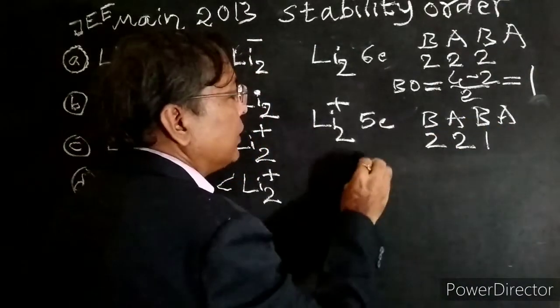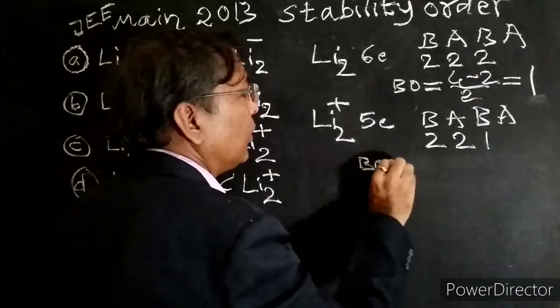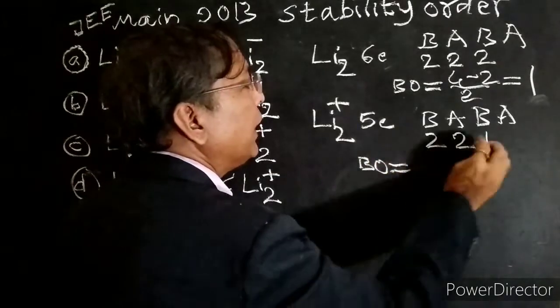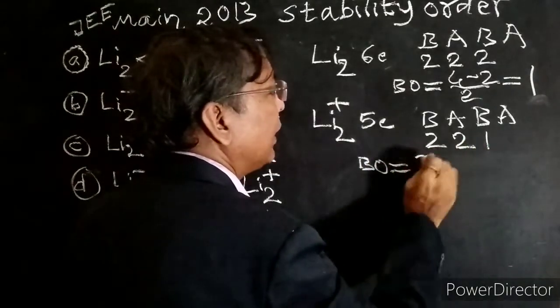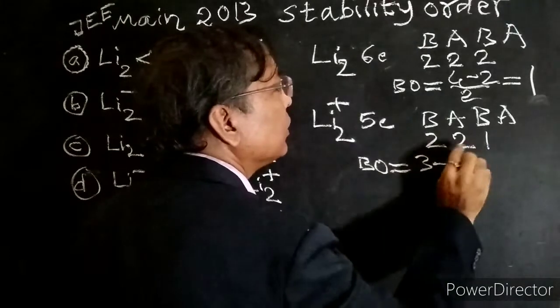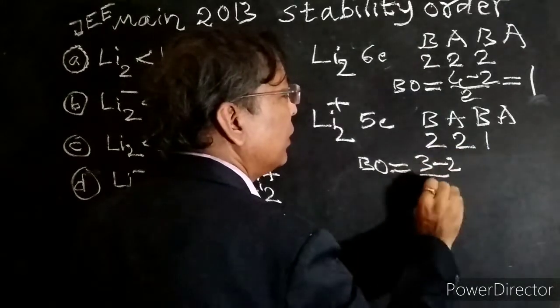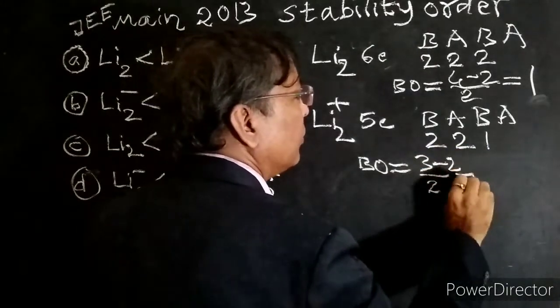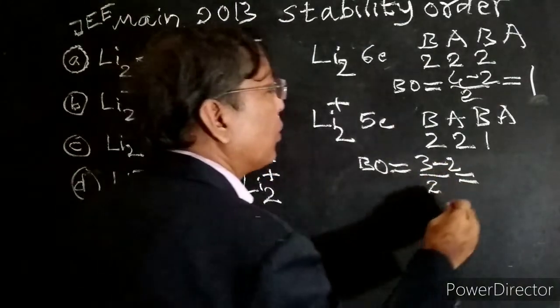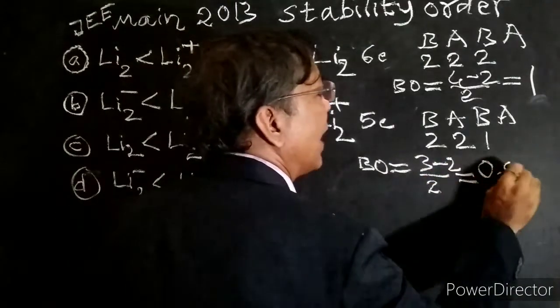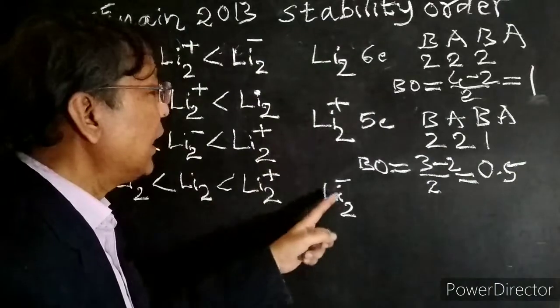Now let us calculate the bond order using the formula: bond order equals the number of bonding electrons 2 and 1, 3, minus the number of anti-bonding electrons 2, divided by 2, that is equal to 3 minus 2, 1 upon 2, that means 0.5. The next molecule is Li2-.